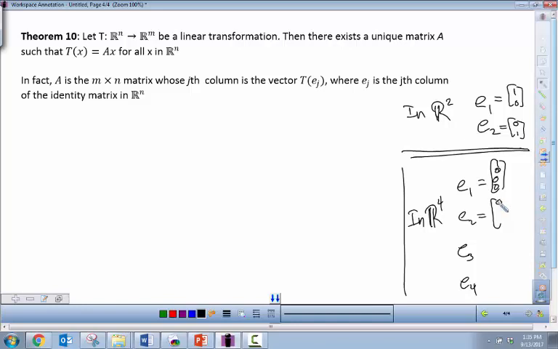E2 would be 0, 1, 0, 0, etc. So when they say Ej, Ej is just a vector with zeros everywhere except for the jth component, where the jth component is equal to 1.